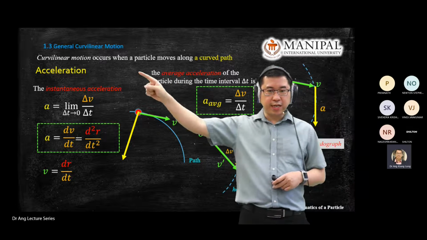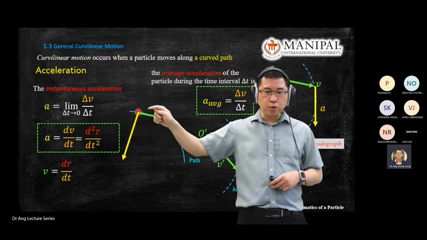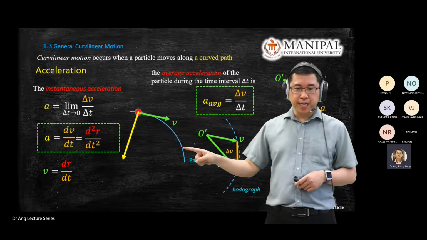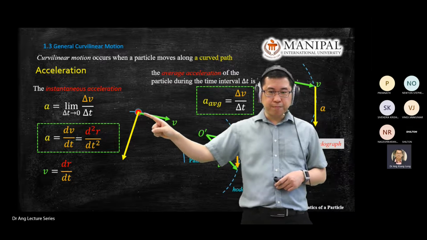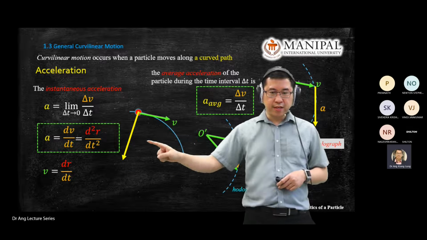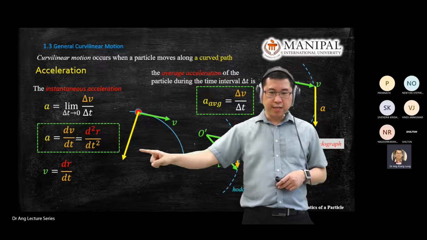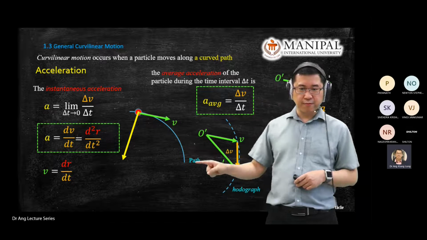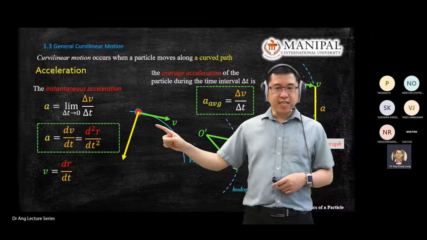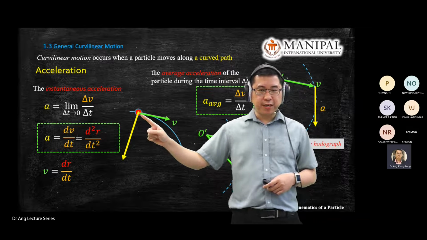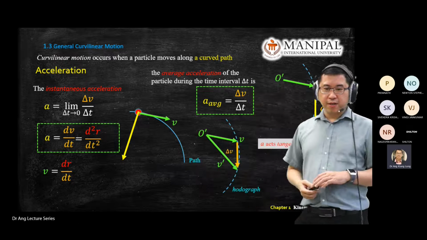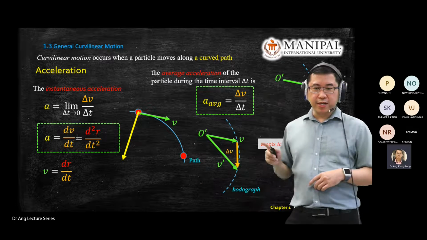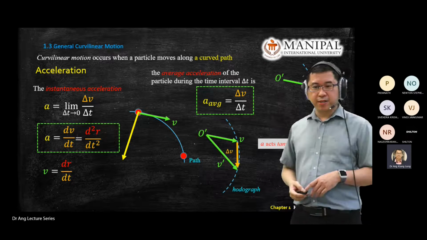However, when we study curvilinear motion, there must be something that is always pulling the particle towards the center. So what is the force that pulls the particle towards the center of the curve? This yellow arrow is actually the acceleration that we found just now.